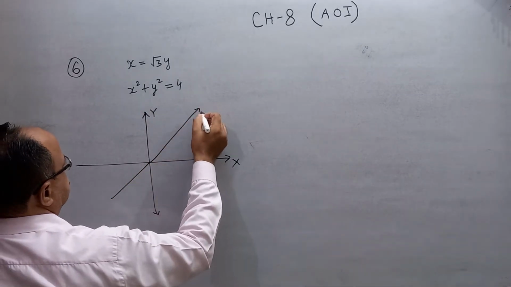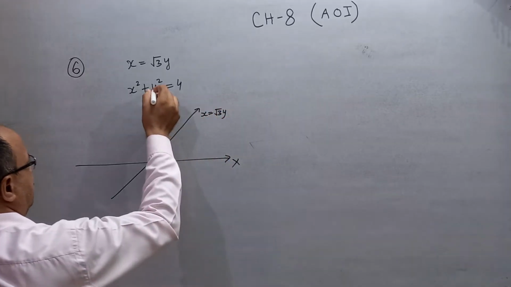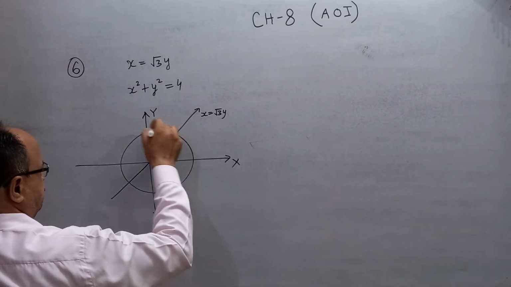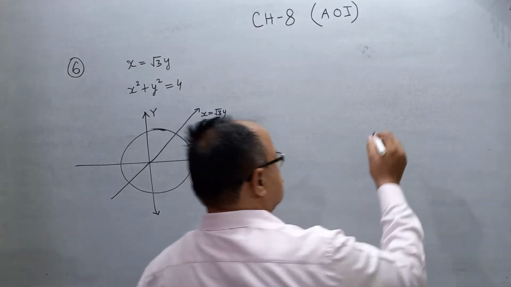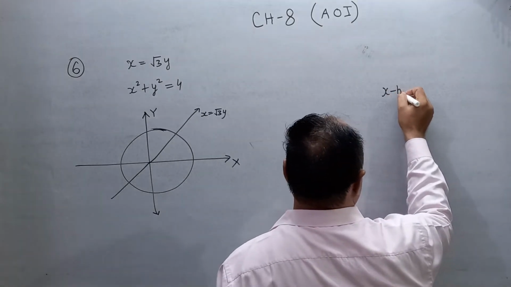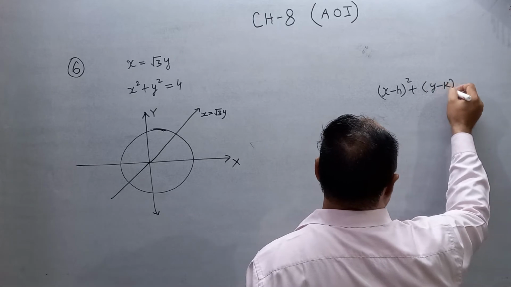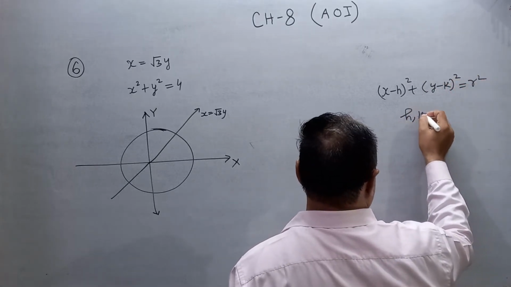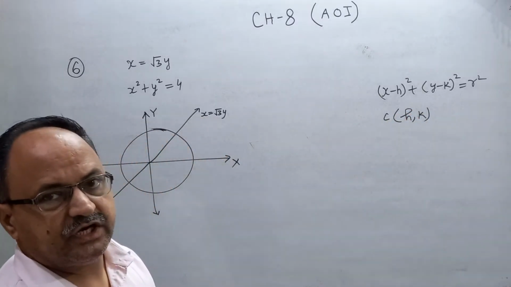This line x is equal to root 3y, and this is the equation of circle. The equation of circle is x minus h whole square plus y minus k whole square is equal to r square, where hk is the coordinate of the center.